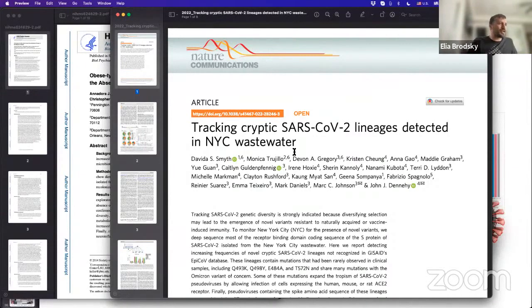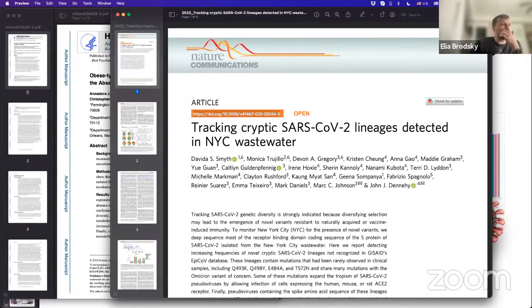This is an interesting article, and I'll share the link here for anyone who's interested to go through that. It leverages wastewater sequencing, which is sequencing of, again, a collection of different genomes in the wastewater, amplifying them with a specific amplicon sequencing approach, and then looking for novel mutations that are emerging.